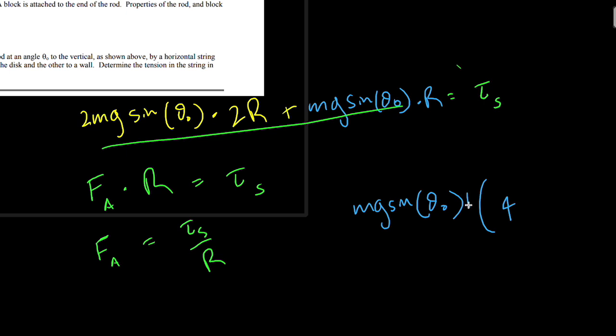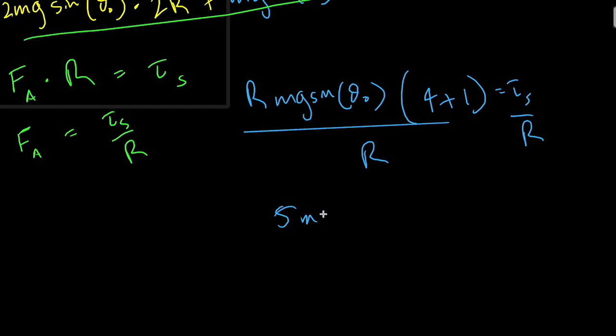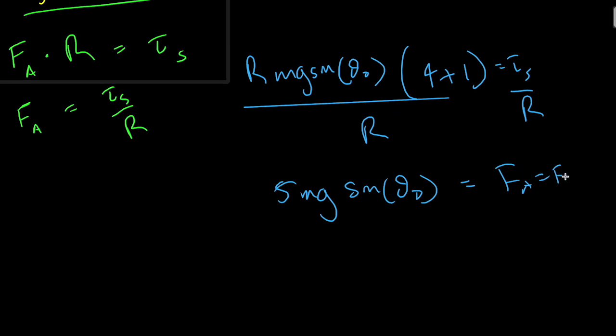Oh, we could take out an r as well. We have a 4 and a 1. Cool. Then we can divide all this by r, because we need to do that. And we're just going to get 5 mg sine theta naught is equal to FA, and this is going to be equal to the force of tension. So this is our answer.